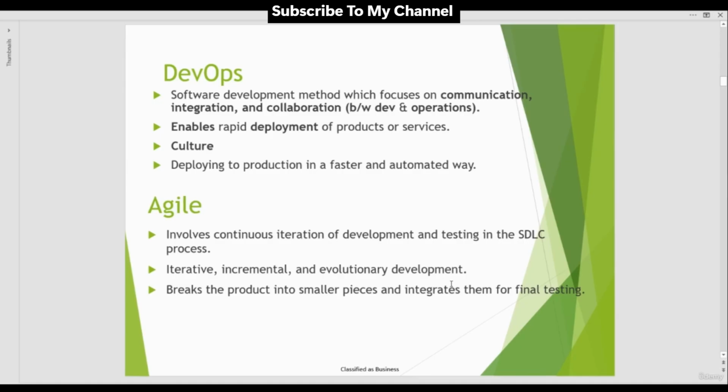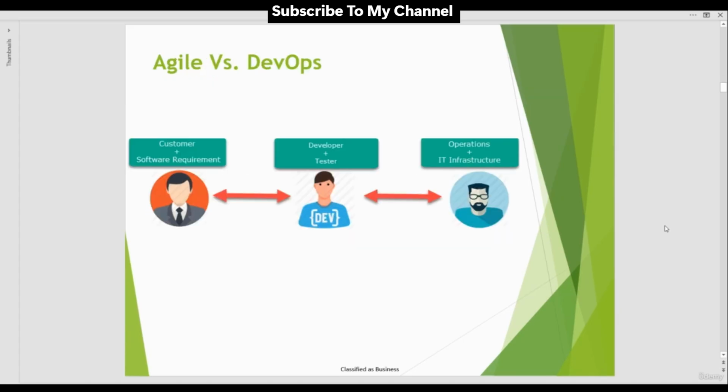But Agile is a philosophy and it focuses on the development side, the development team side. So this is DevOps and Agile on a high level. Next slide, I will show you more detail about it.